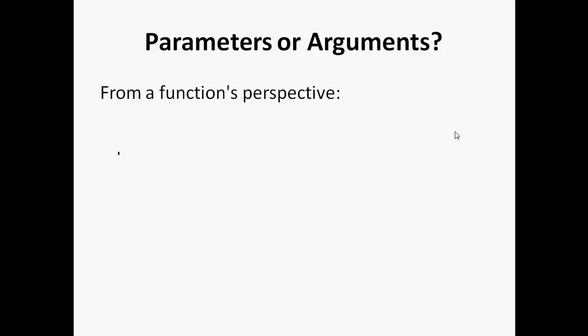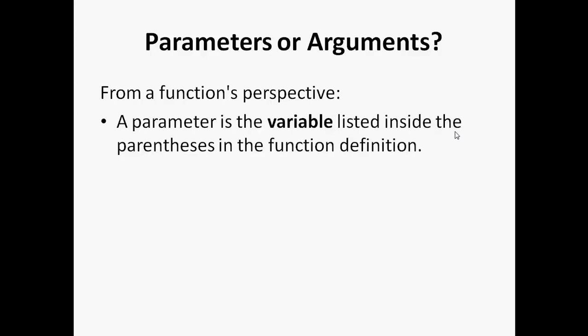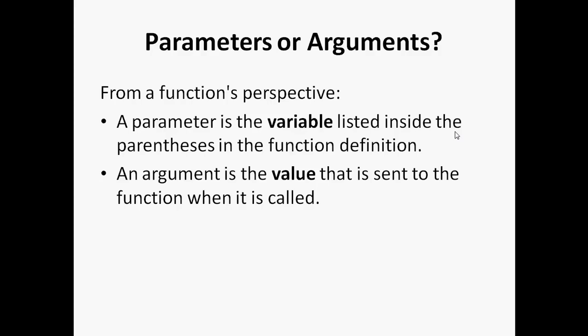From a function's perspective, a parameter is a variable listed inside the parentheses in the function definition. That means when we define a function, we are listing the variables which are called parameters. An argument is a value that is sent to the function when it is called.